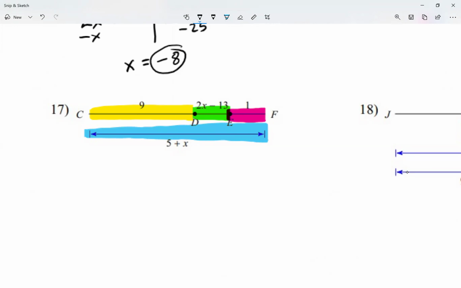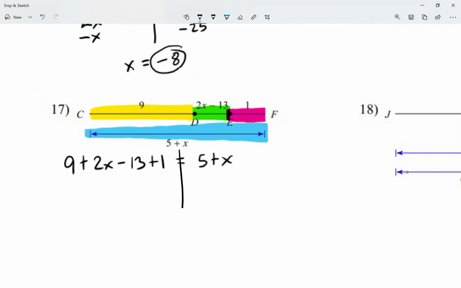Again, I'm color coding them so it's easier for us to see. There's 3 segments that combine make a big segment. So I'm going to combine the 3 small segments: 9 plus 2x minus 13 plus 1. And this is going to be equal to 5 plus x.